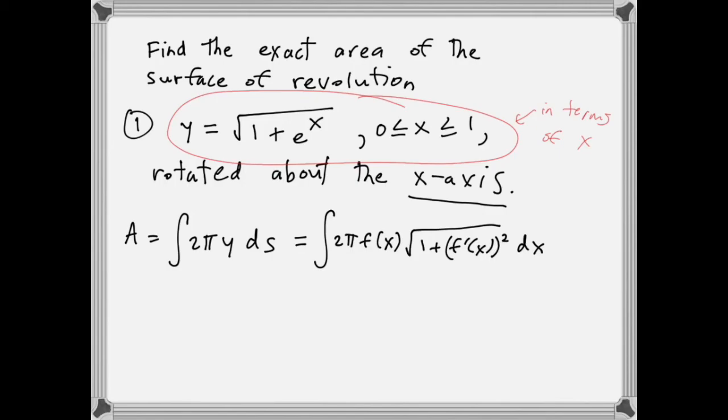I want to figure out what the square root of 1 plus f prime of x squared is. So let's see what we get. So remember, f of x is the square root of 1 plus e to the x. And so let's go through this step by step, just like we did in 8.1, so that we are careful about the algebra. So what is f prime of x?